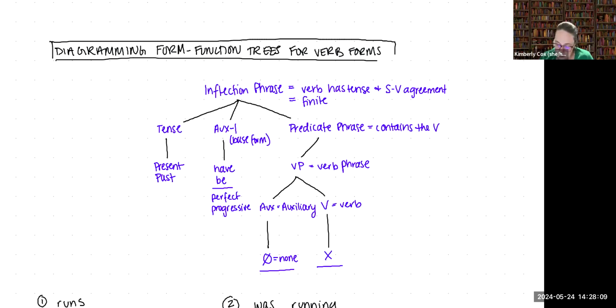Similarly, if there's an auxiliary verb here, it could indicate that we have a progressive function. And then here we are always going to have the predicate. Okay. So this is a brief rundown of how the form function trees for the inflection phrase work. We're going to go ahead and scroll down a little bit and take a look at it in action.